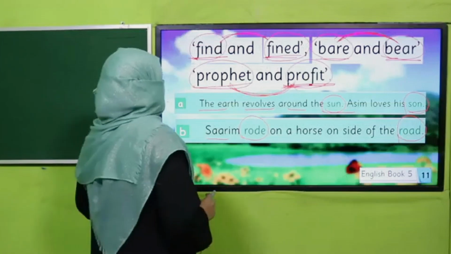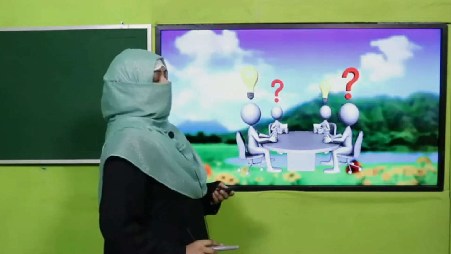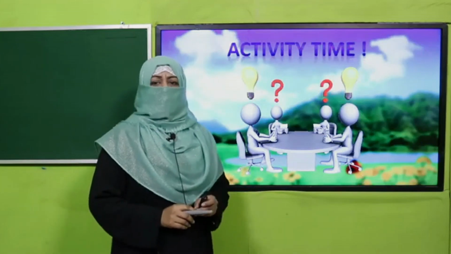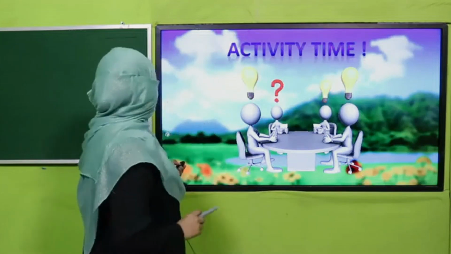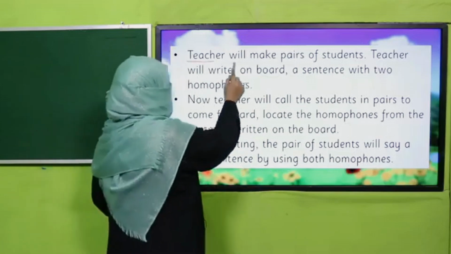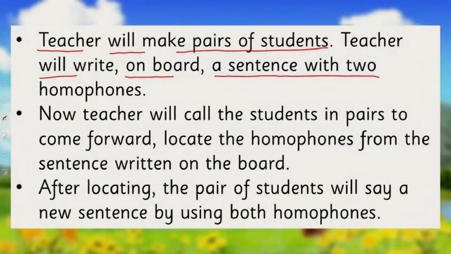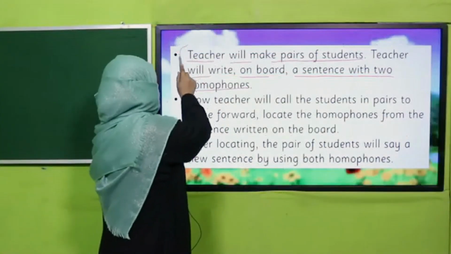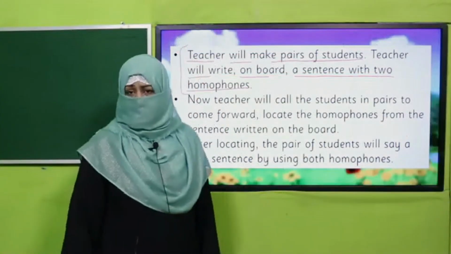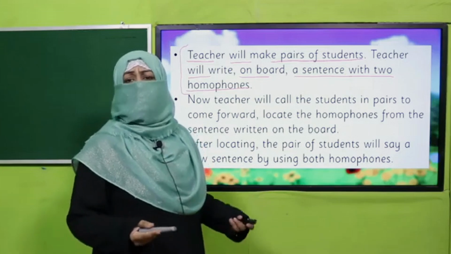Now let's see what your book says about homonyms. But before that, there is a very interesting activity. What you are supposed to do, the teacher will make pairs of the students and the teacher will write on the board a sentence with two homophones. My dear teachers, I have given you examples of homophone sentences in the lesson plan. You may follow that or you may write your own.